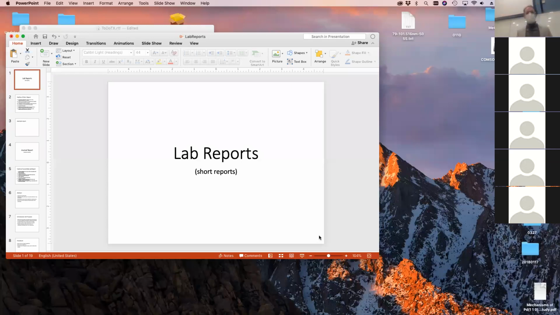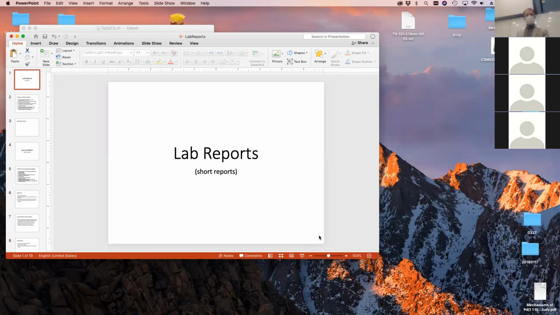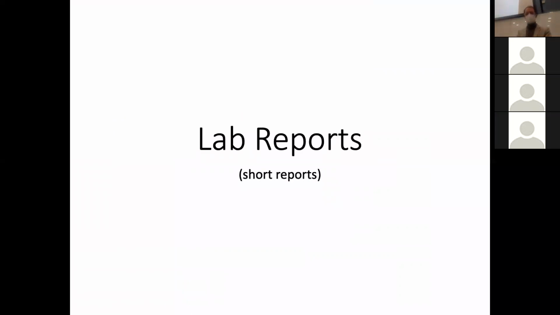Okay, so the topic today is going to focus on your lab reports. I'm going to go over the expectations for your lab reports, what needs to be included. I'll show you some examples of really nice lab reports that have been written in the past so that you can see what those look like.